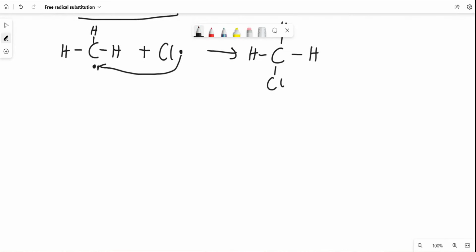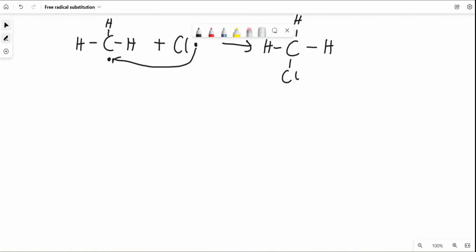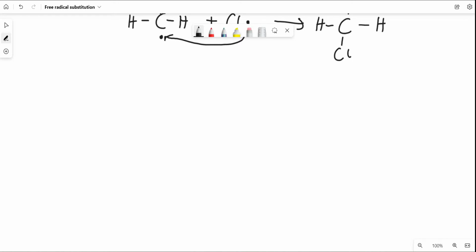And so when you come across more complex questions, like let's say you have propane. Propane, remember, is 3 carbons because prop is the prefix for 3. And we have 8 hydrogens attached to these 3 carbons.